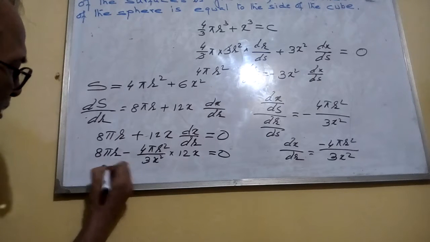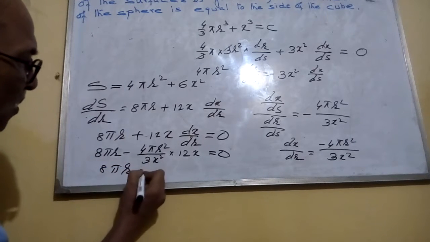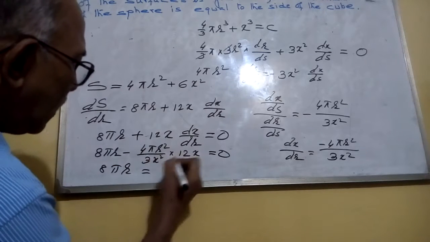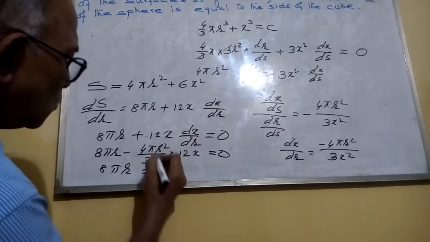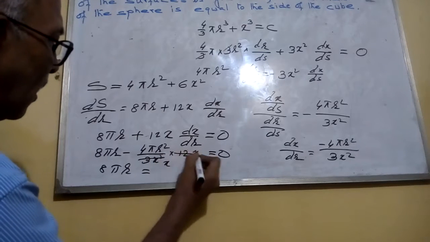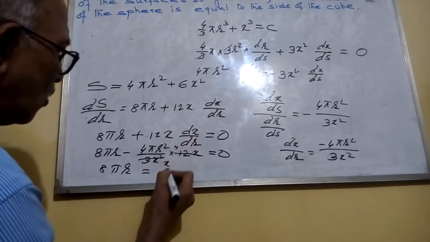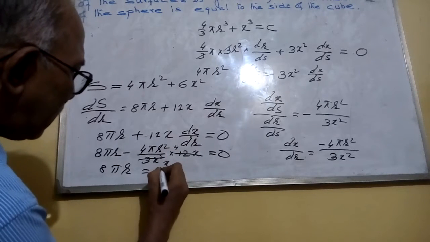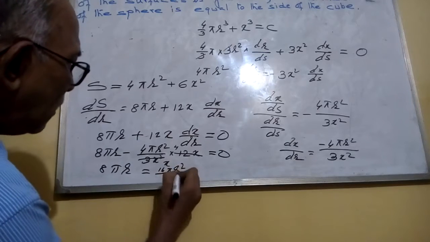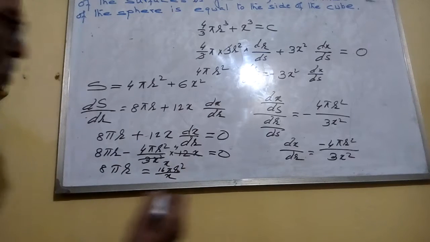Or 8πr equals, here 3x² with x remaining, and here 4, so 16πr²/x.